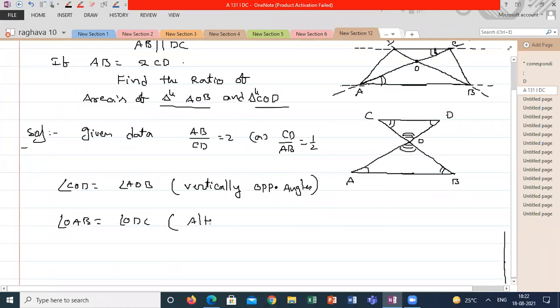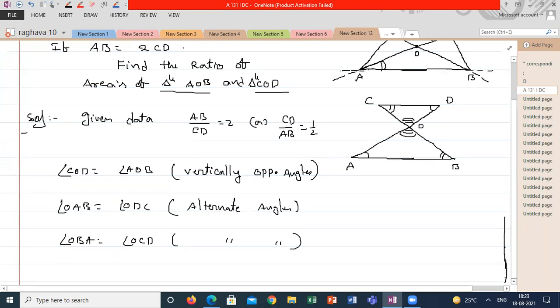Alternate angles. Alternate angles between two parallel lines. And what is our another set? See, these 2 points are enough to explain. One more set also there. What is another set of the alternate angles? OBA will be equal to OCD. This is also alternate angles. So take any 2 points here.